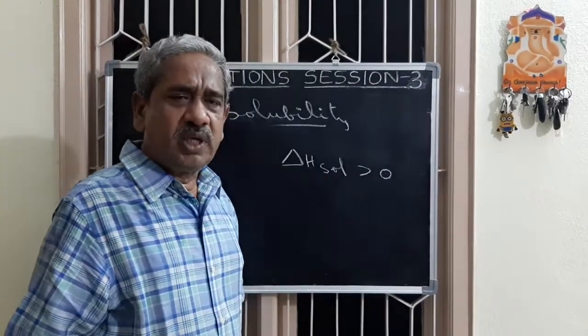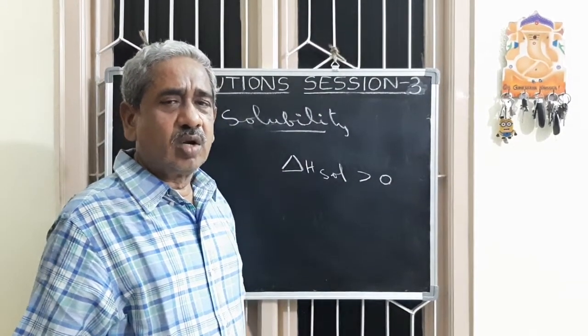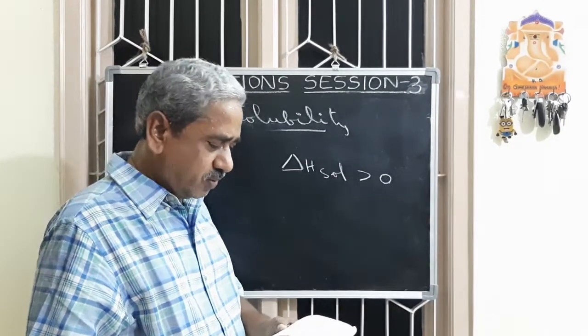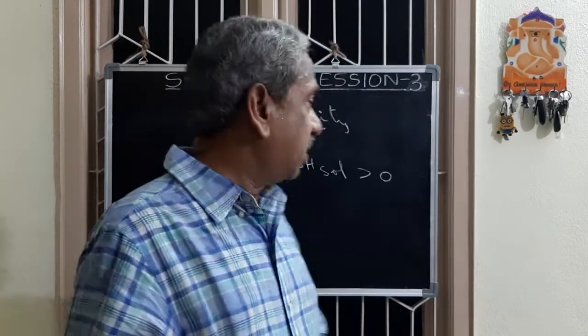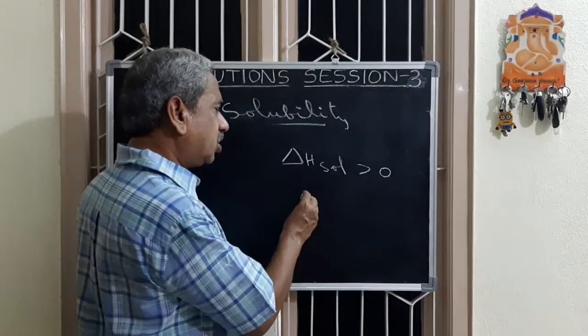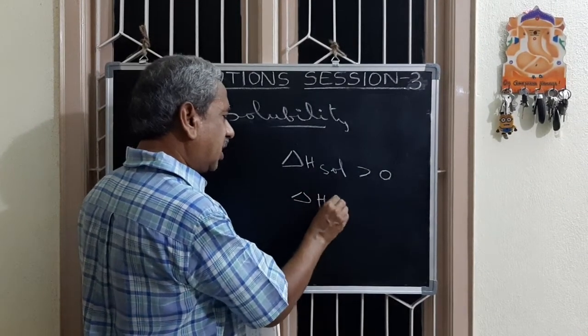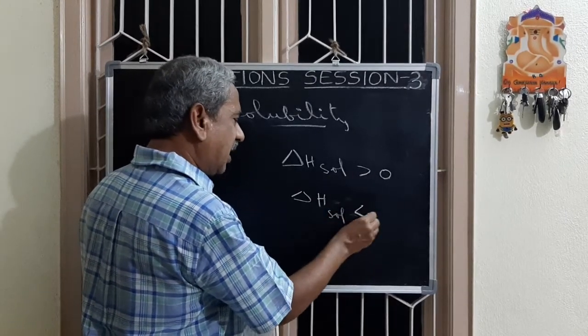Delta H solution means enthalpy of solution, which you have a clear idea of from thermochemistry. Next, the solubility of solids in liquids decreases if the dissolution process is exothermic, that is, delta H solution is less than 0.